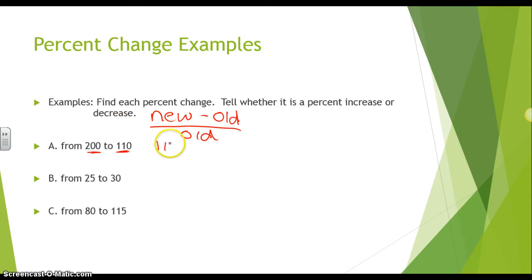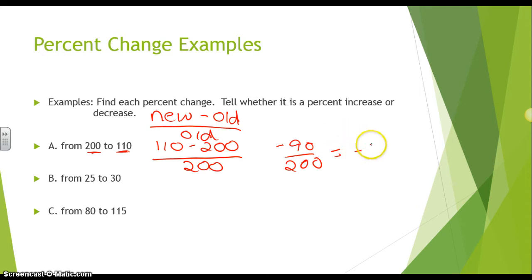So it's 110 minus 200 divided by my old, which is 200. 110 minus 200 gives me a negative 90 over 200. Negative 90 divided by 200 gives me a negative 0.45. So it's a percent decrease happening right there, which is going to be a 45% decrease, since it's negative, for our answer for A.